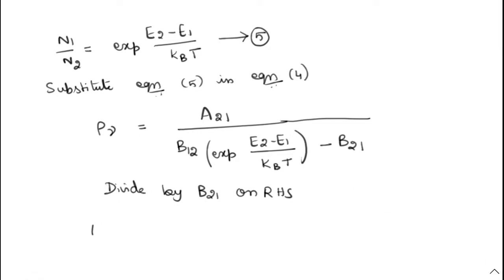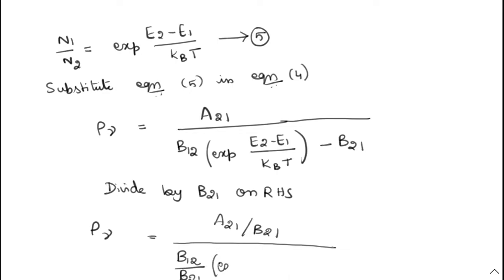So what is this? Rho nu is equal to, the numerator is divided by B21, and then B12 divided by B21 exponential of E2 minus E1 divided by KBT, minus B21 divided by B21, right?